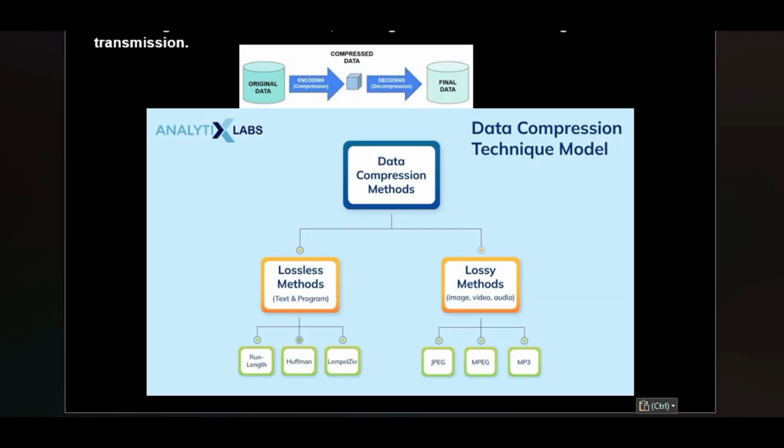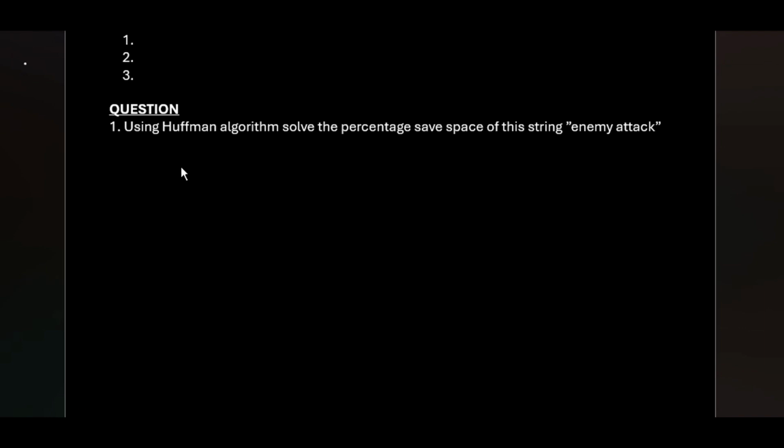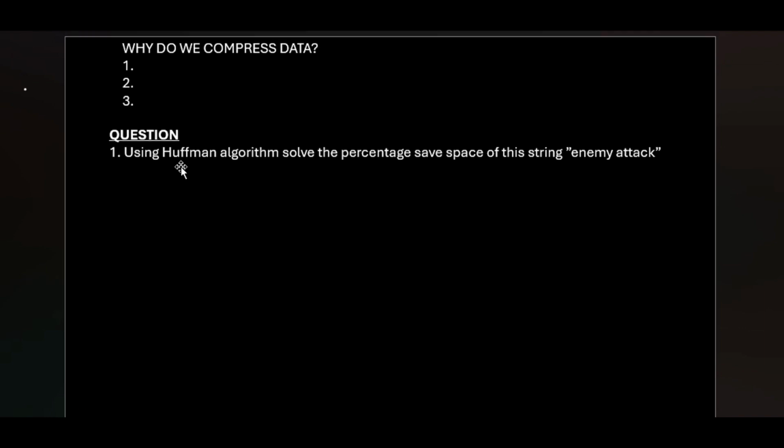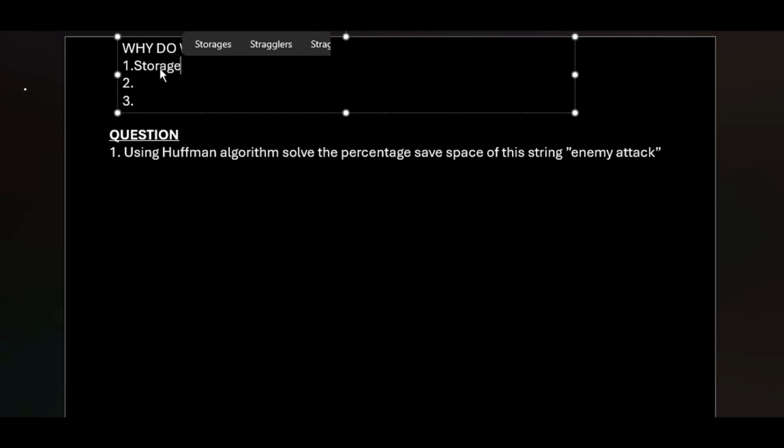Someone may ask, why do we need to compress data? There are so many reasons why we need to compress data. One is storage saving. When you compress it, it saves storage, that is, it reduces the size. Two, we have faster transmission.